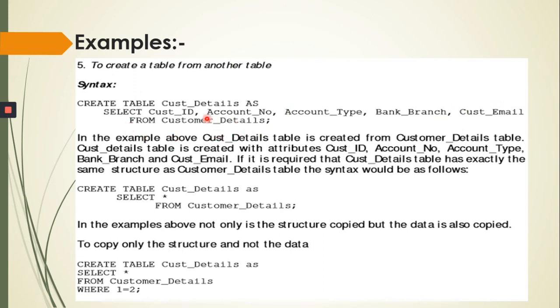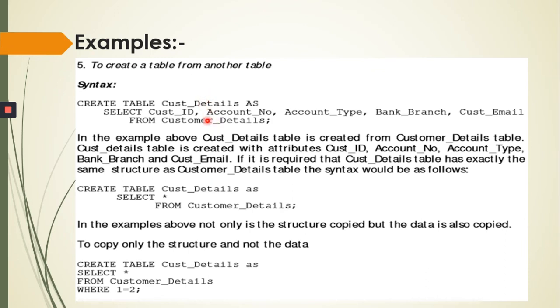Now suppose I don't want to write all the columns, then I have to use the star symbol. In the example above, the cust detail table is created from the customer detail table. This table is created with the attributes customer ID, account number, account type, bank branch, and customer email address. Here the cust detail table has exactly the same structure as customer detail.